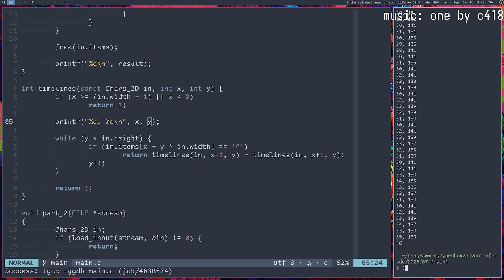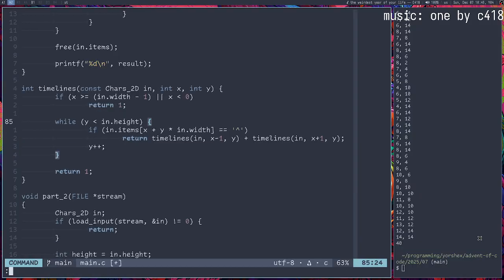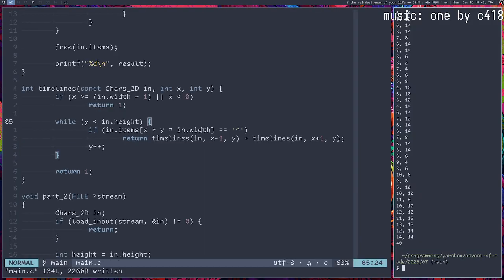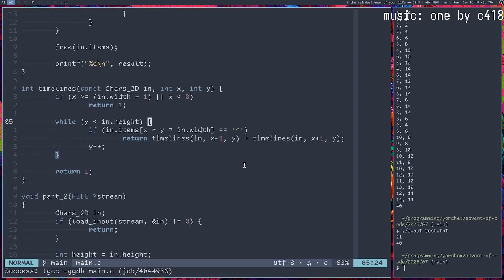Oh wait, I'm trying it on the actual input. I didn't try it on test input. Okay, it works on test input. So I just gotta keep going?